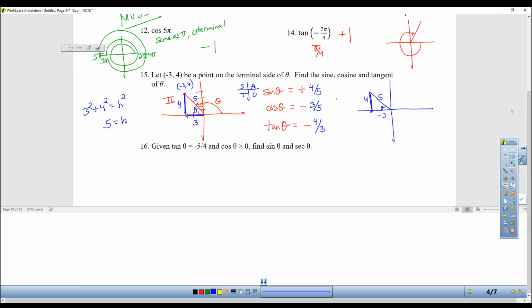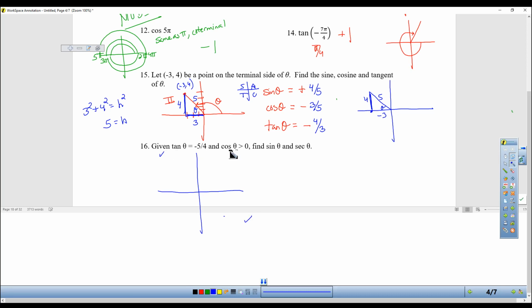All right, so let's put our thinking caps on now. Now it's not telling me where this point is. It's just telling me that tangent is -5/4. So where am I going to draw it? It's negative. So I'm either going to draw it, according to ASTC, in 1 or 4.